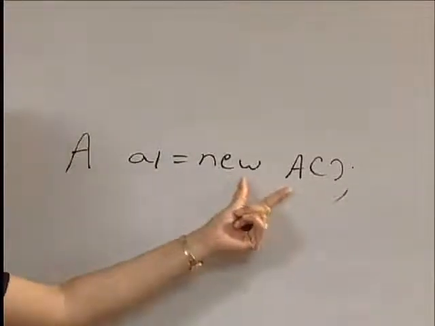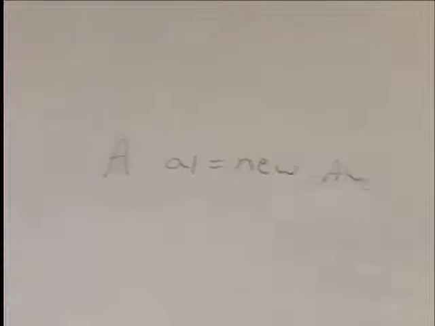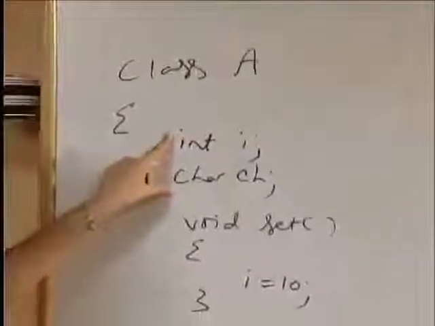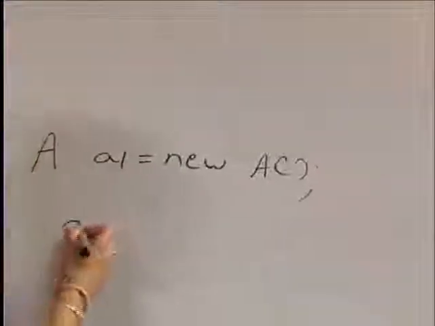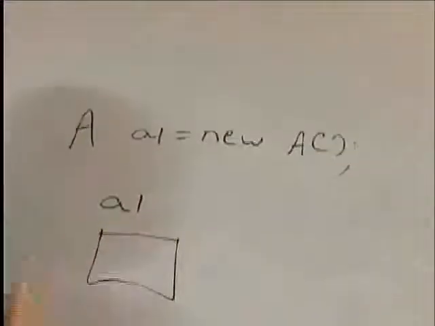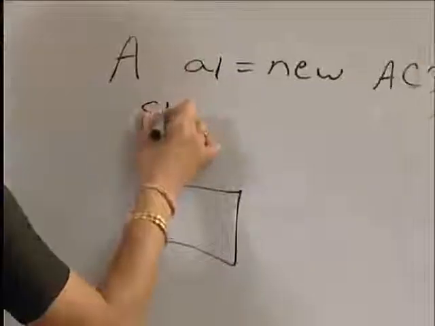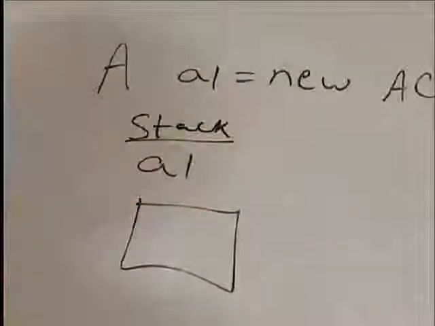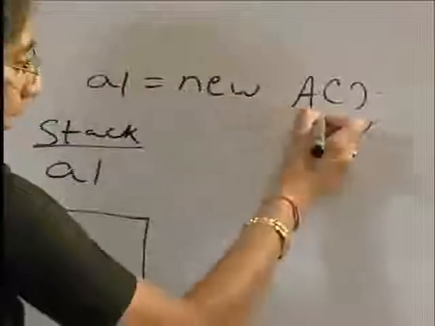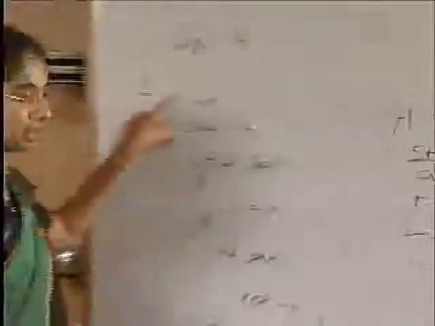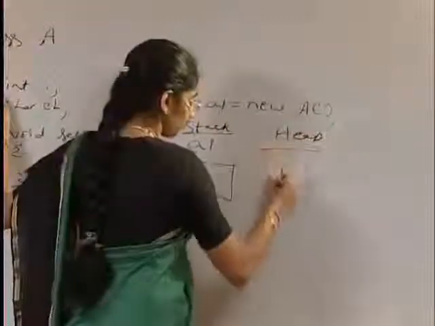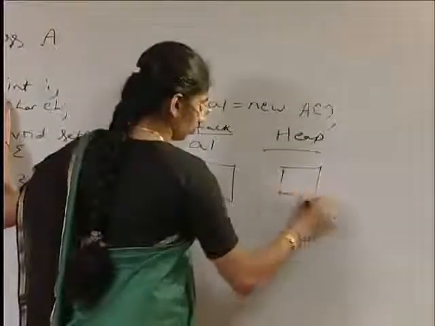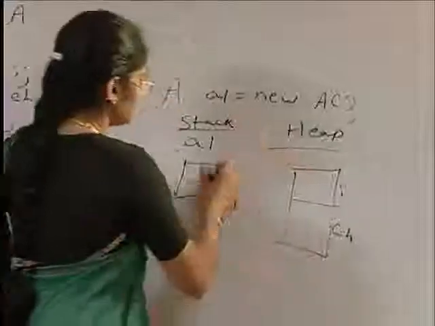When you create an instance of a class, memory is allocated for the variables that are defined in the class. So this A1 gets memory on what is called the stack. When you say new A, memory is allocated for these variables on the heap memory. And this A1 would be pointing to this heap memory.